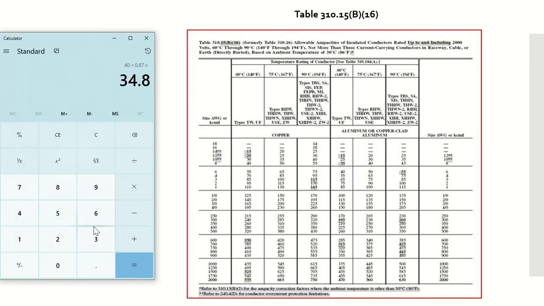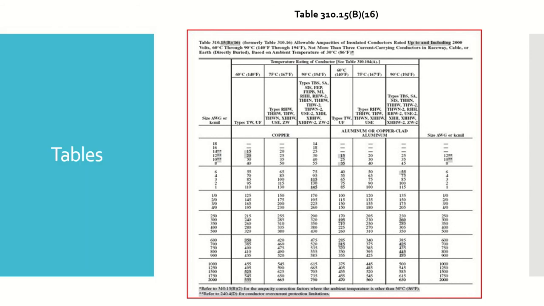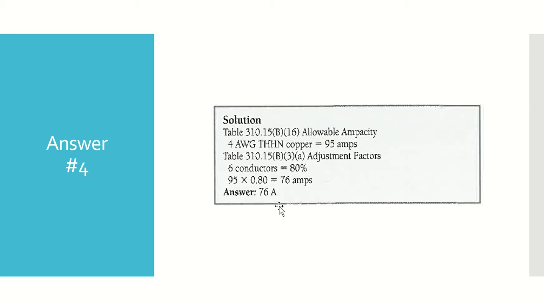Let me pull up my calculator here. So we take 95 times 0.8, which gives us 76 amps. Let's see if we're right. All right. 95 times 0.8, 76.